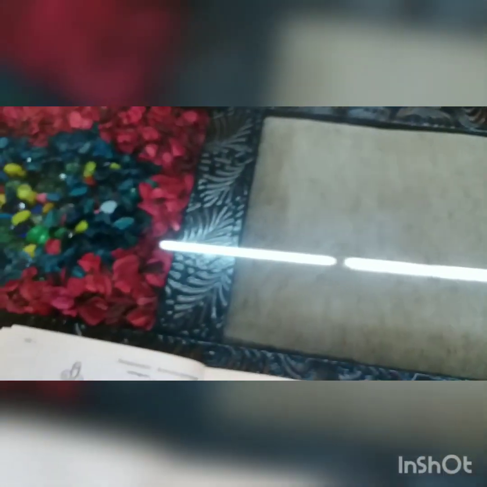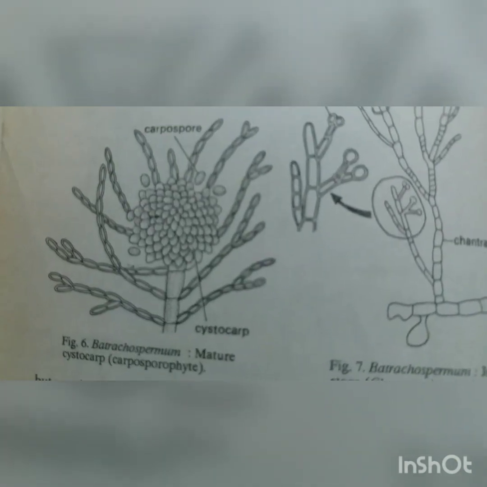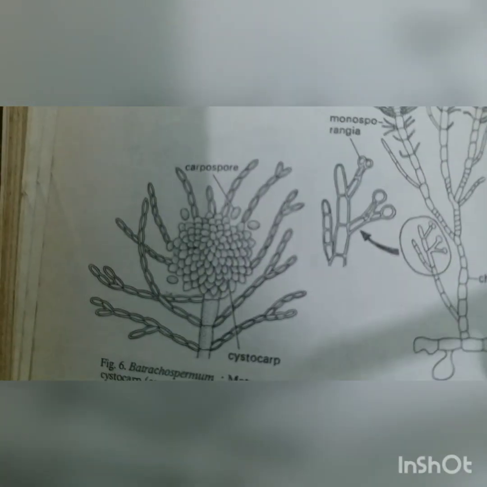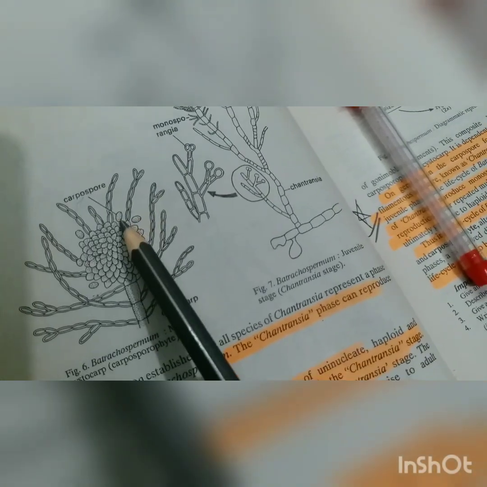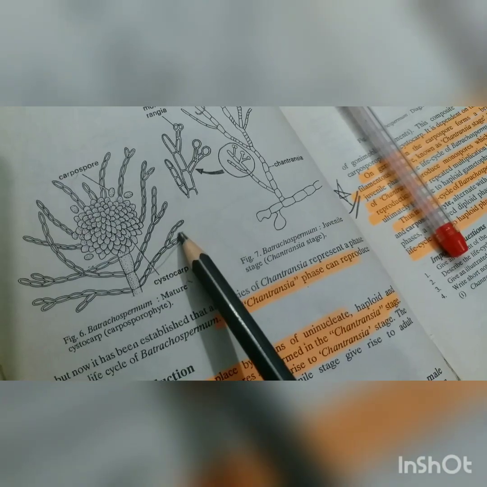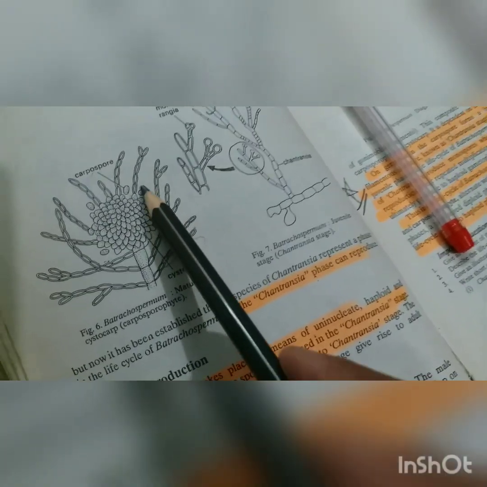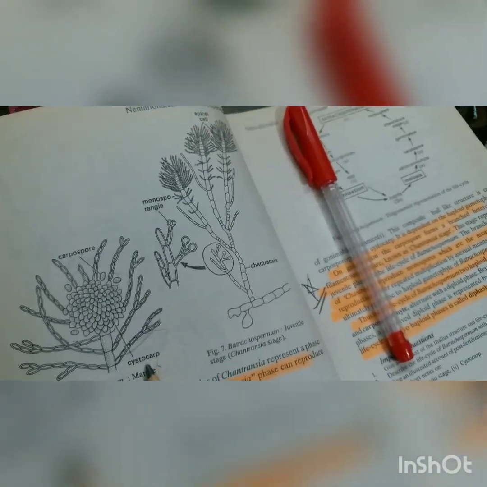See, this structure is formed, and here are the carpospores, and these are the sterile threads and gonimoblast filaments; together they form a structure called cystocarp, right?